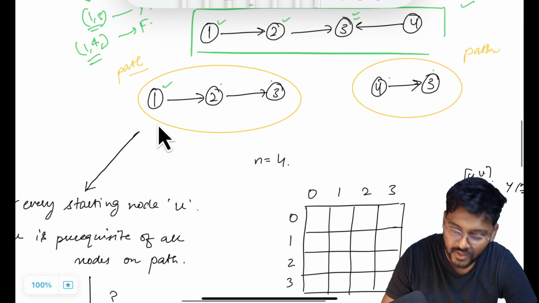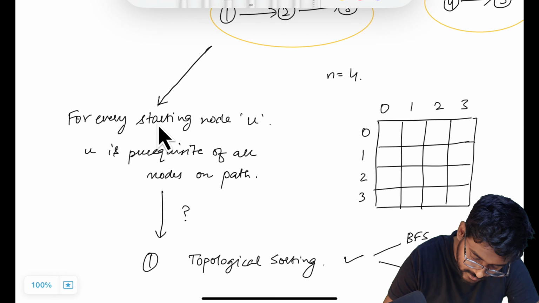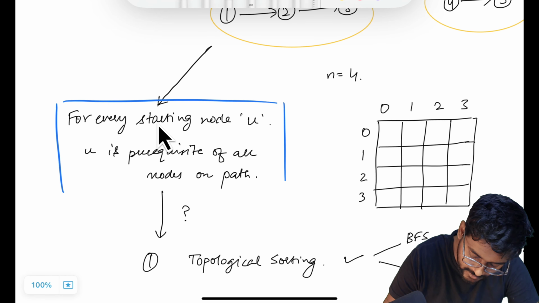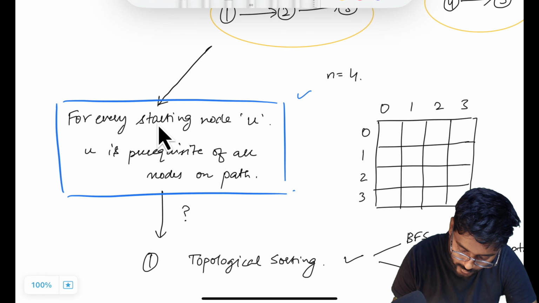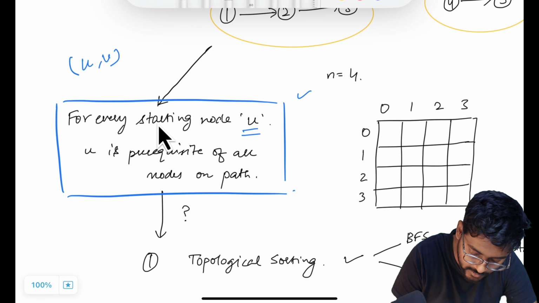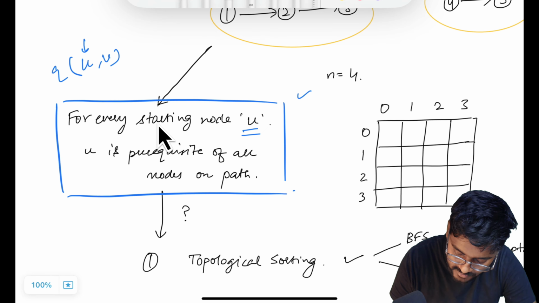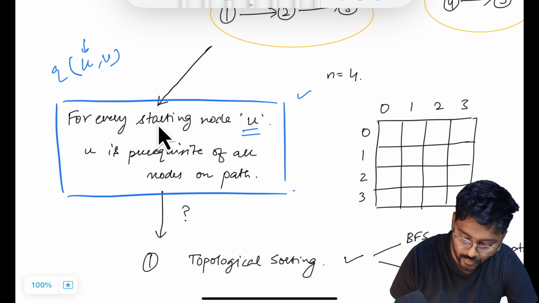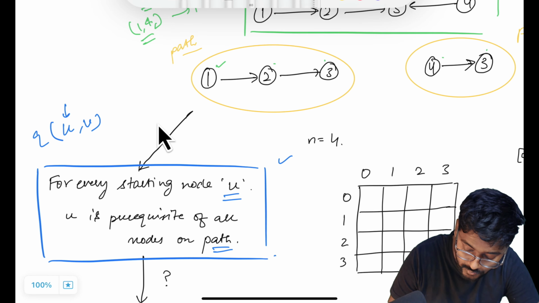So this is the idea that I am getting. Just try to read this statement: for every starting node u, for every u to v query, u is a prerequisite of all the nodes on its path.